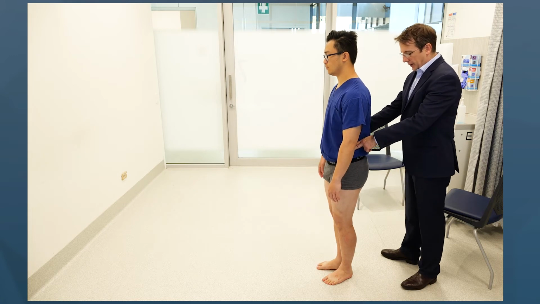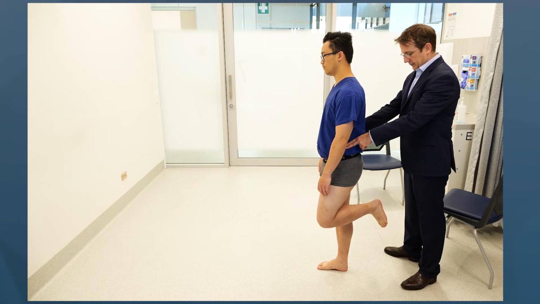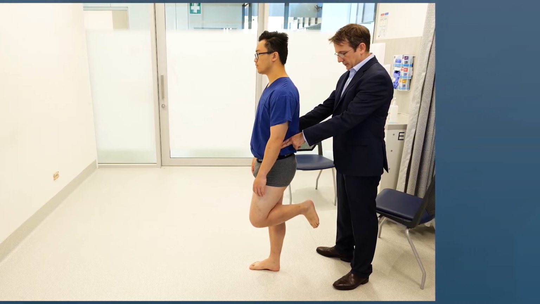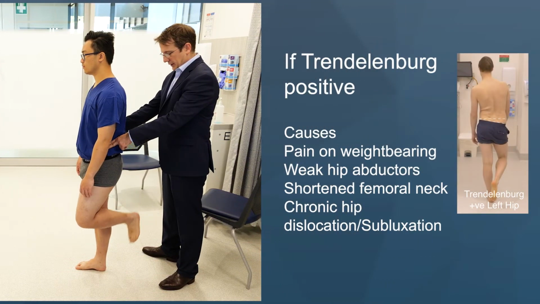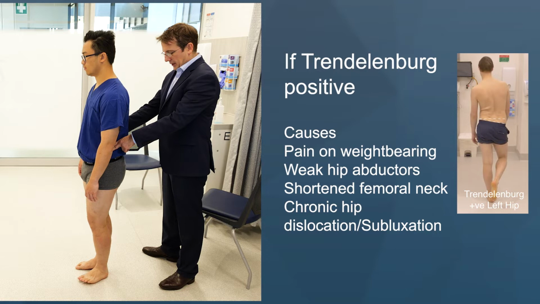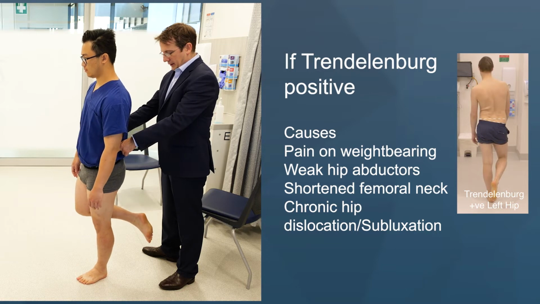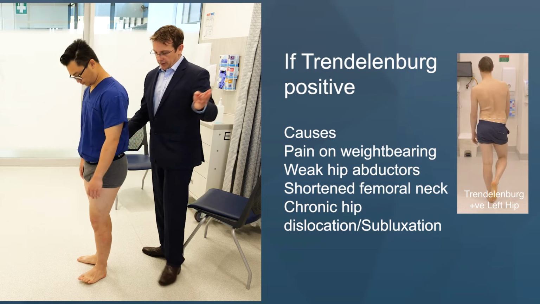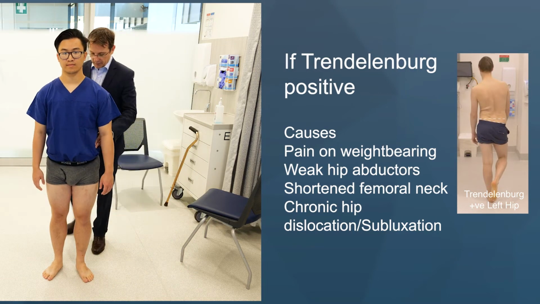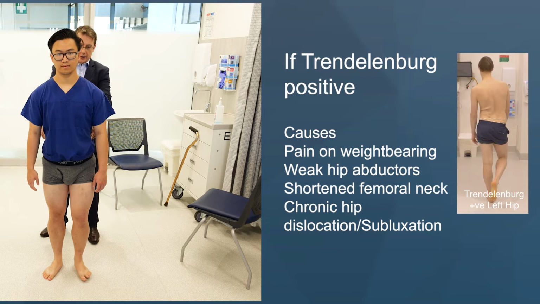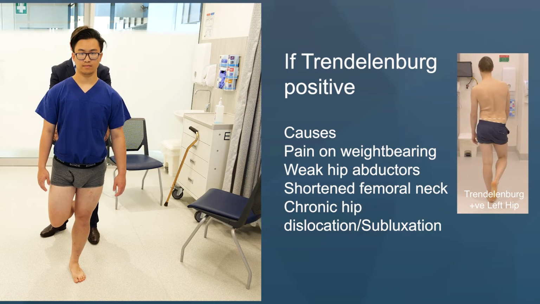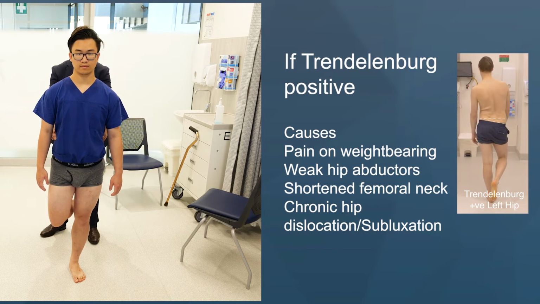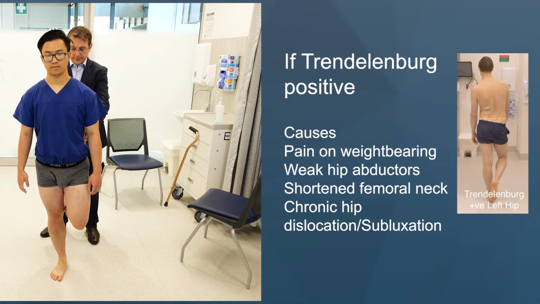In normal hips, one-legged stance will show the contralateral hemipelvis rising. In a positive or abnormal test, the opposite occurs, with the contralateral hemipelvis dropping. Causes of a positive test include pain on weight bearing, weak hip abductors, shortened femoral neck, a chronically dislocated or subluxated hip.